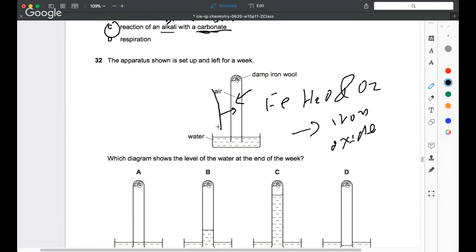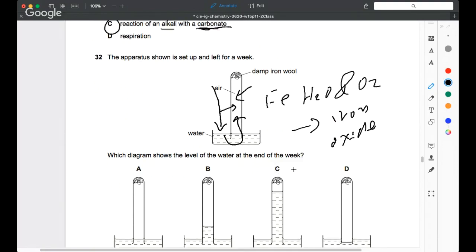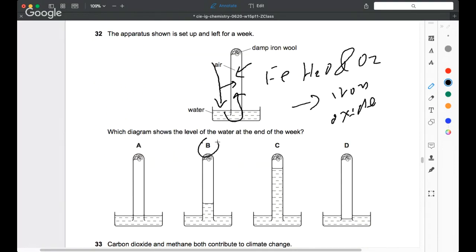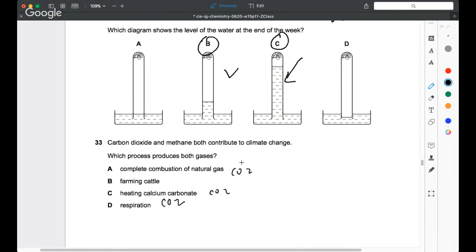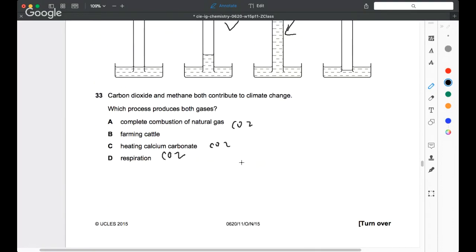So the atmospheric pressure will be higher than the pressure here, so it pushes the water into the tube. The answer will be B or C, but it cannot take up that much, because there is simply not that much oxygen in the air to give you a very low pressure, and the water does not increase that much. So the right answer is B. It goes up a little bit.